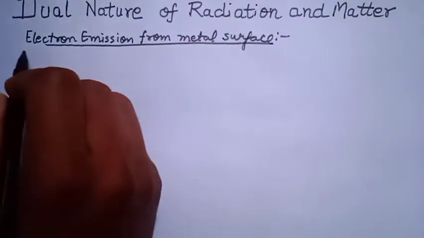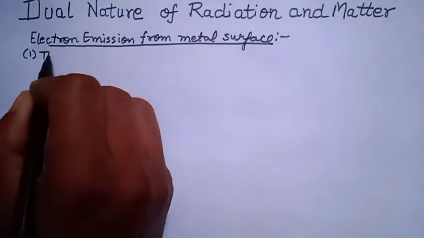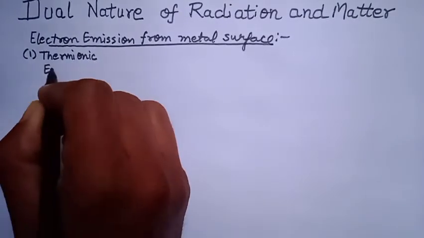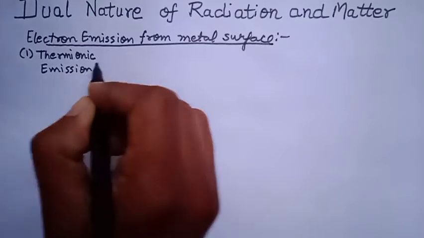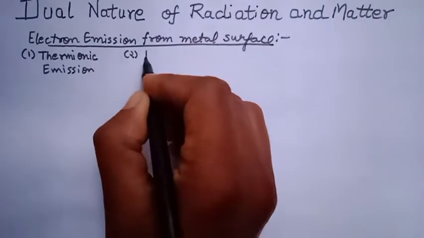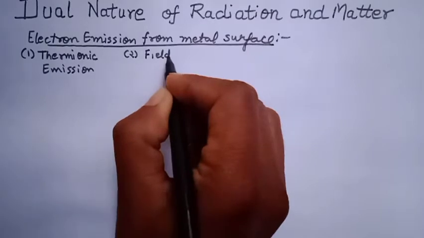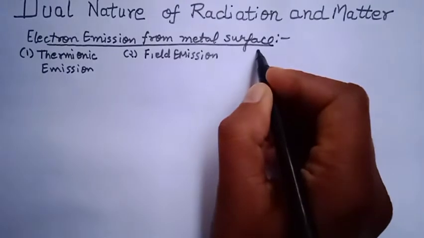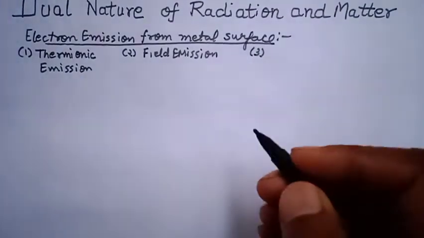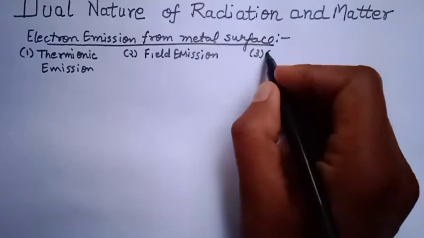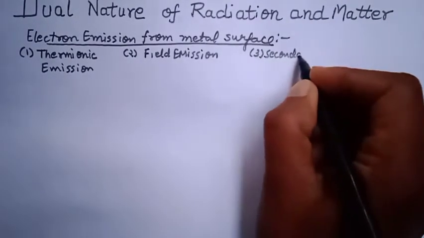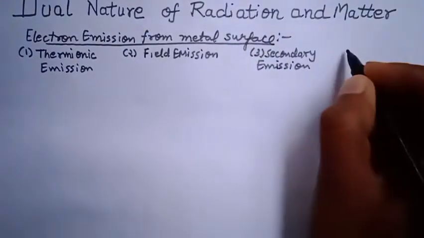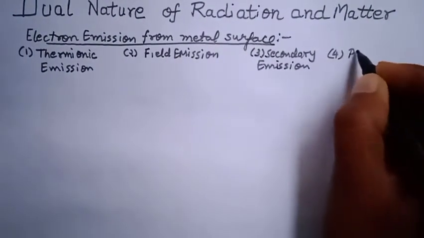So these are, first one is thermionic emission, second field emission, third, actually the third one should be fourth, but I'm putting it as third, secondary emission. And fourth, photoelectric emission.